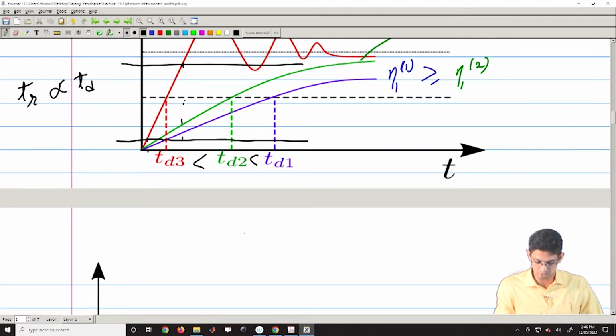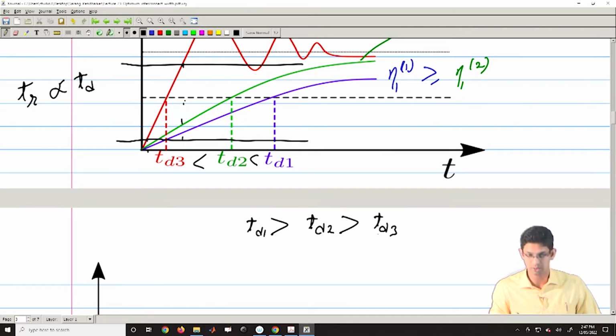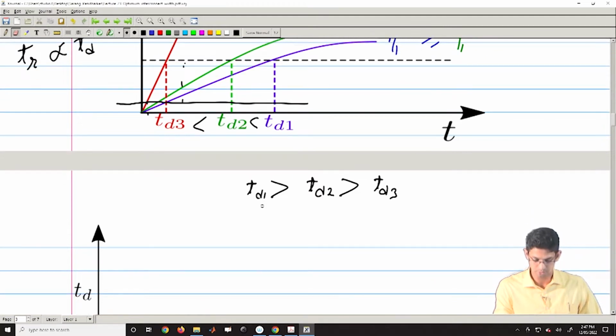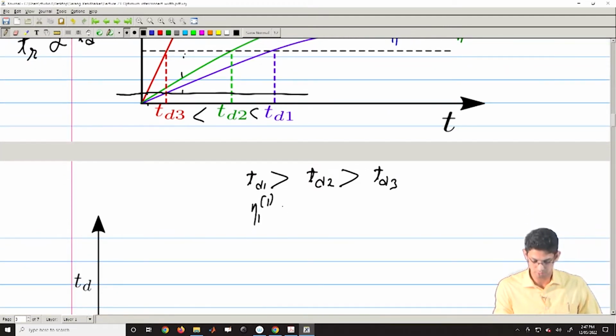So, let us try to see how this would be impacting the delay in terms of width. What we had was the following, that my TD1 is greater than TD2, which is greater than TD3, and so from here I also have my eta 1 of 1 greater than eta 1 of 2, greater than eta 1 of 3.